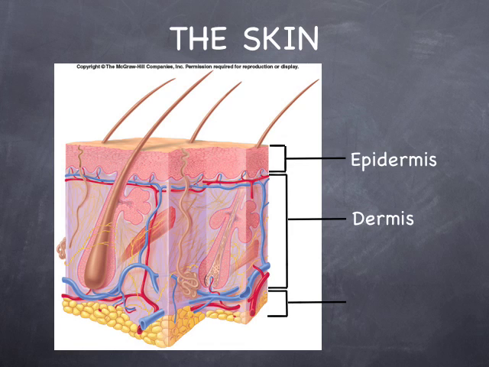Now, let's get technical here. You want to make sure you understand this technicality. The epidermis and the dermis together are what we call the skin. There is a third layer down here that we're going to talk about that isn't technically considered the skin. We're going to include it in our integumentary system because this third layer attaches the skin to the body.